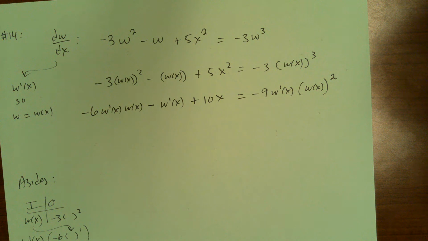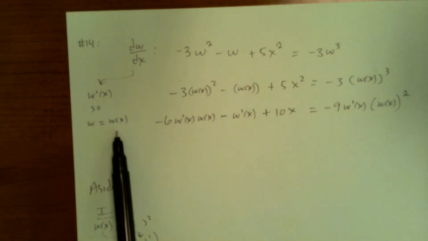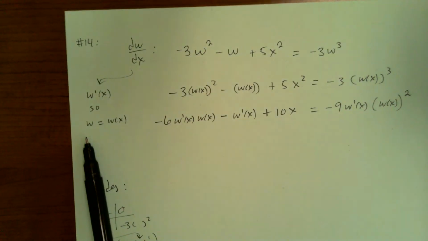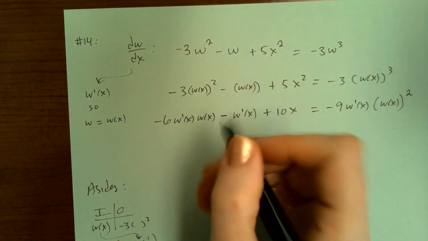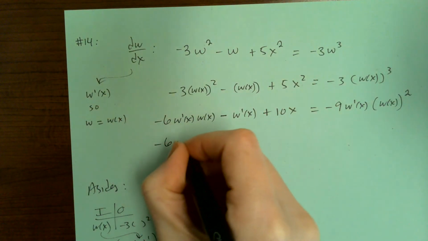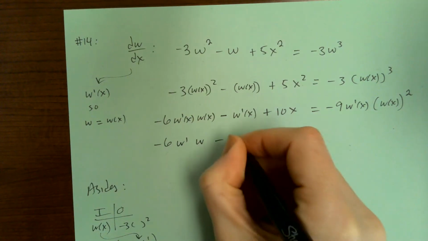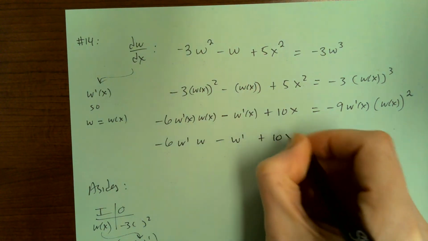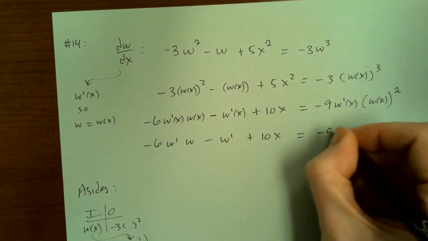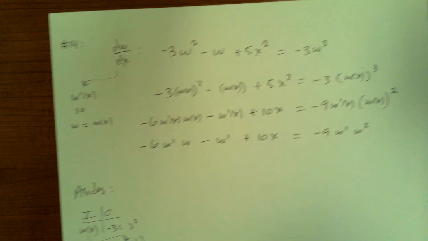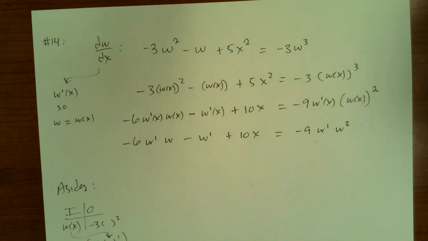Now we take away the function notation, so the w of x's change back to just regular w's. So this is negative 6 w prime w minus w prime plus 10x equals negative 9 w prime w squared.